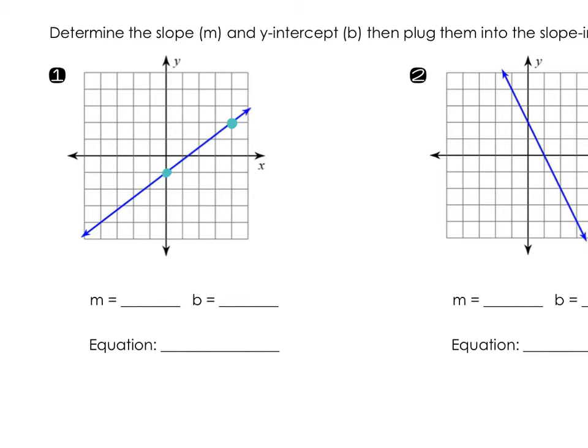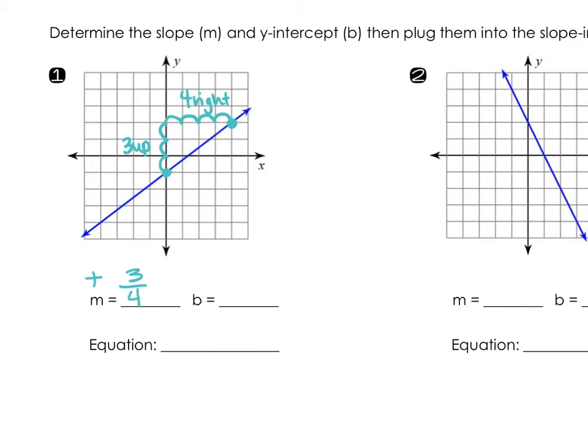Okay, I read left to right, so I go 1, 2, 3 up, and then 1, 2, 3, 4 right. I also like to do just a visual check. So already I know, looking at this line, it's going to be positive, okay, because it's going up. All right, now I can write y over x. So y was 3 up, so that's positive.